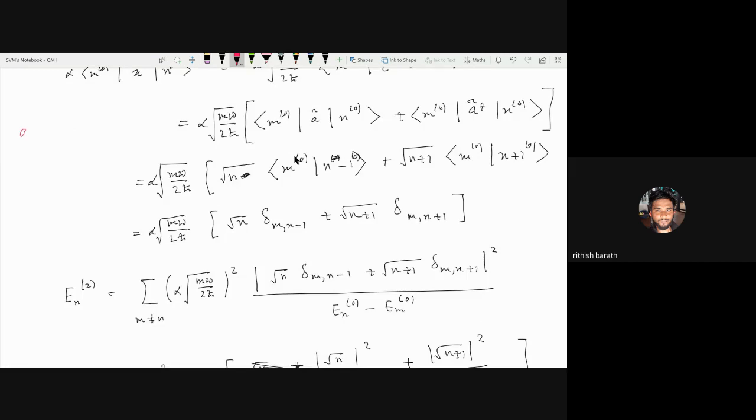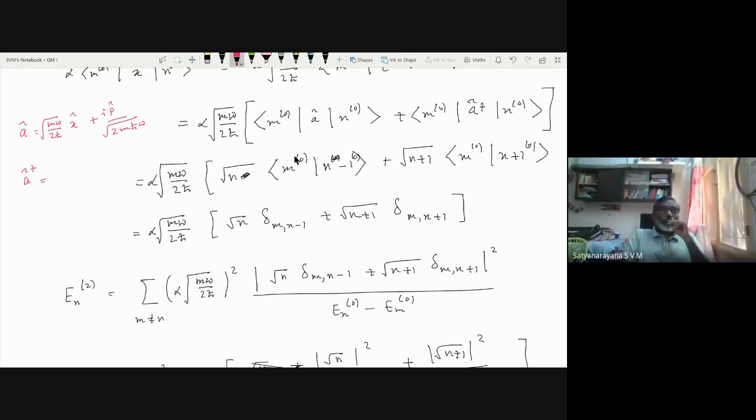Your a is defined as square root of m omega by 2h bar into x plus i p divided by square root of twice m h bar omega. So this is your a. So a dagger is equal to square root of m omega by 2h bar into x minus i p divided by square root of twice m h bar omega.